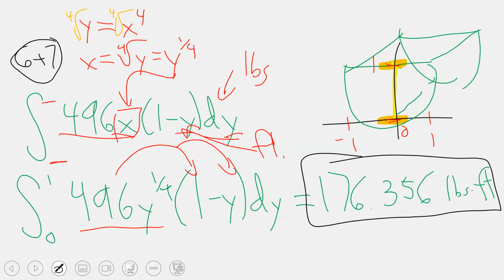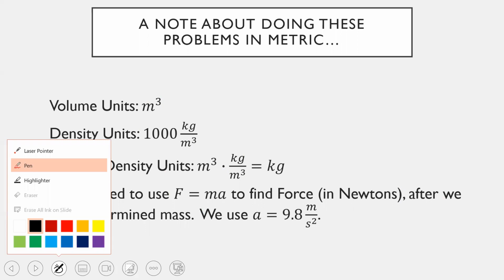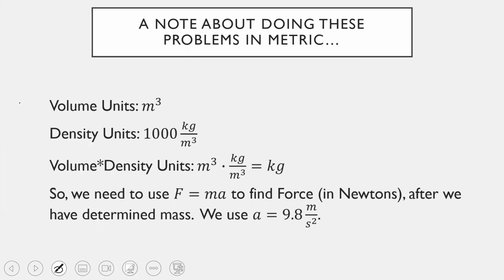All right, one more thing before we end this video is I just want to talk about doing these problems in metric units. So there's a little bit of an extra step here. As we saw in the previous one, we have to find volume of something. Typically in metric units, that's going to be meters cubed. You'll be doing things in meters.